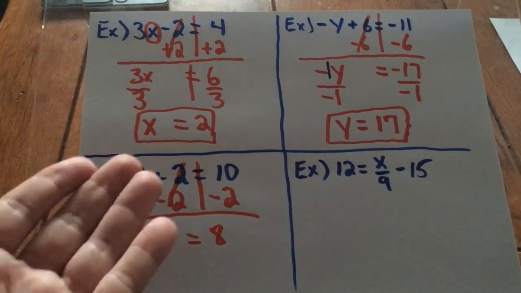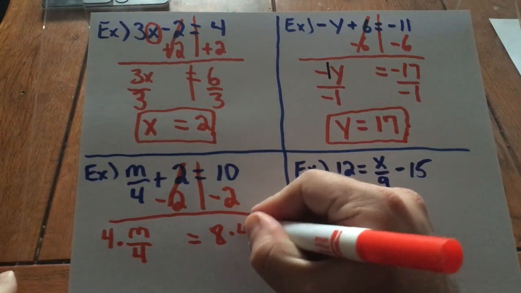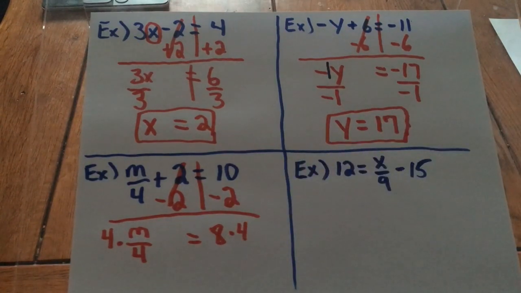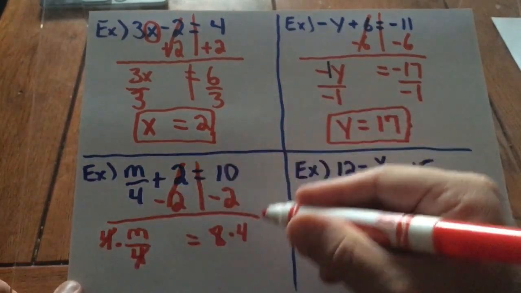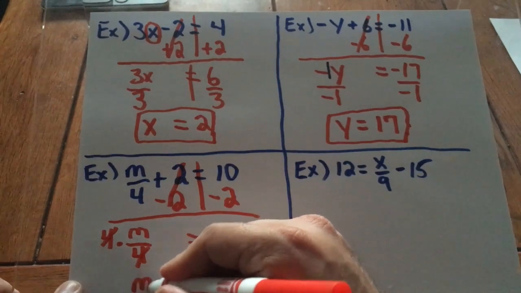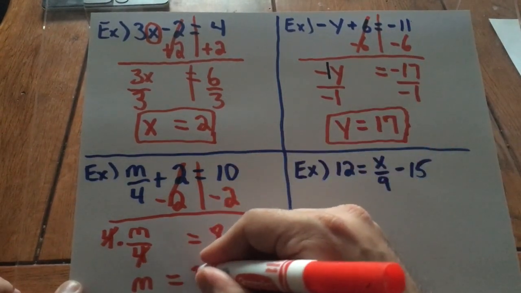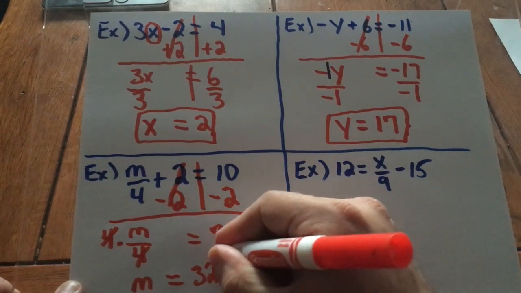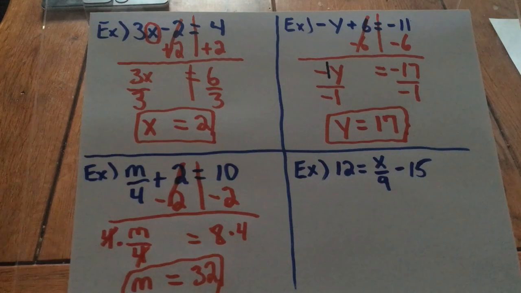And again, what I do on one side, I have to do over here on the other. So I'm multiplying by 4 there as well. All right? So what happens here is that the 4 and the 4 will cancel, and I'm left with m is equal to 8 times 4 is going to be 32. And there is my answer. M is equal to 32.